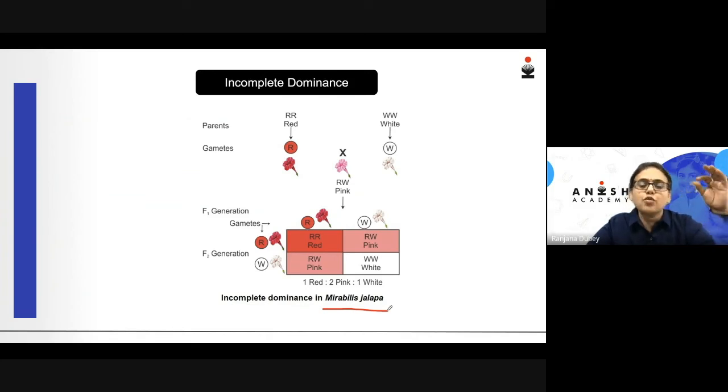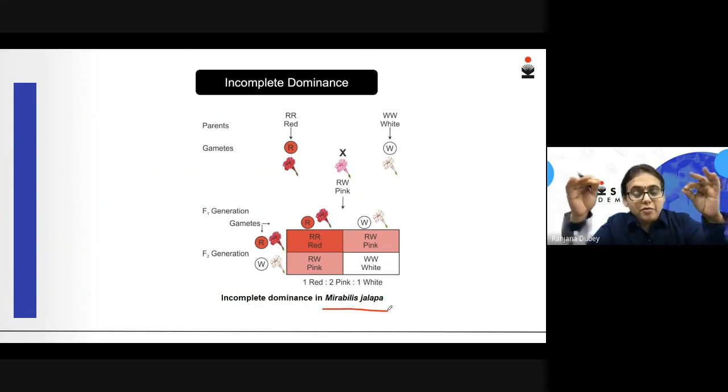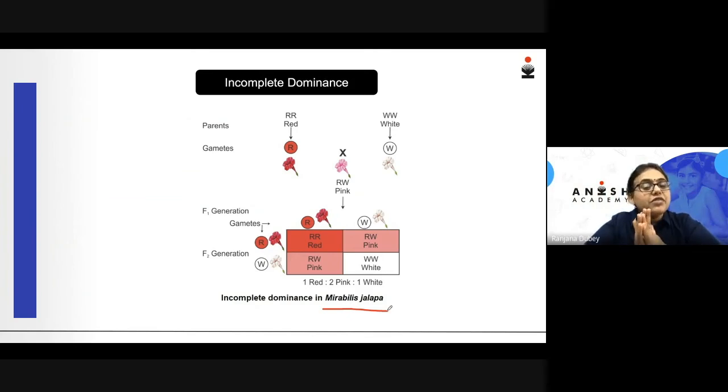But when a cross of this dominant red was performed with the white flowered plant, ideally, according to Mendel, the plants of the F1 generation should have been all red in color. But instead of being all red, they had a color intermediate between red and white.